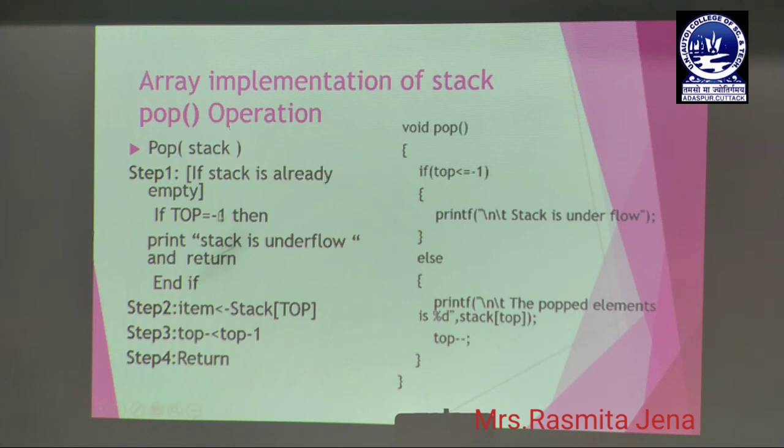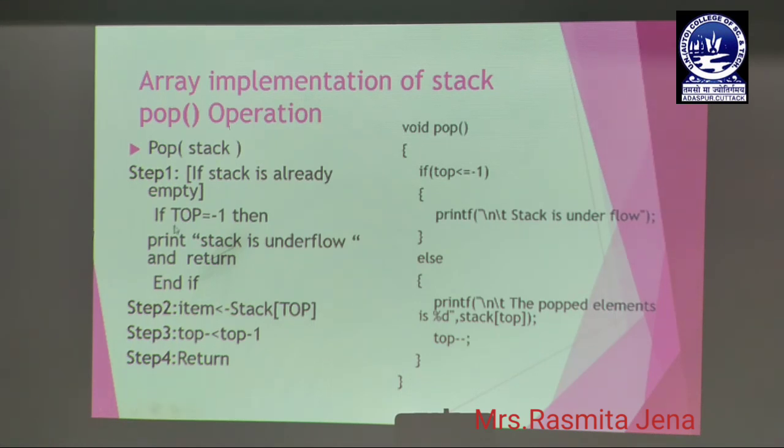That means at that location the value of the top is -1, that I have already told you. Then we will display a message that the stack is underflow and we will return and end it. If top is not -1, that means top has some value, then there must be an element in stack and we can perform pop operation over the stack.